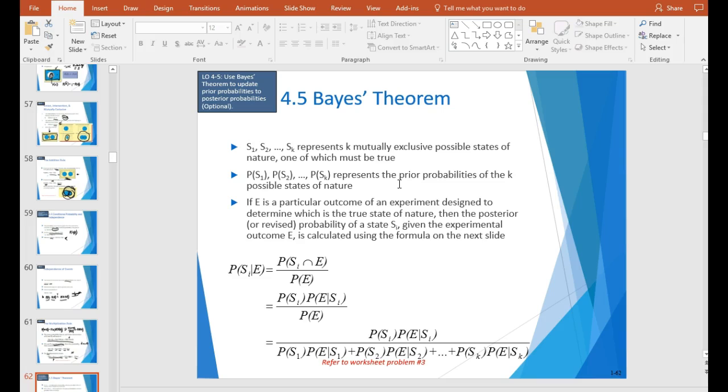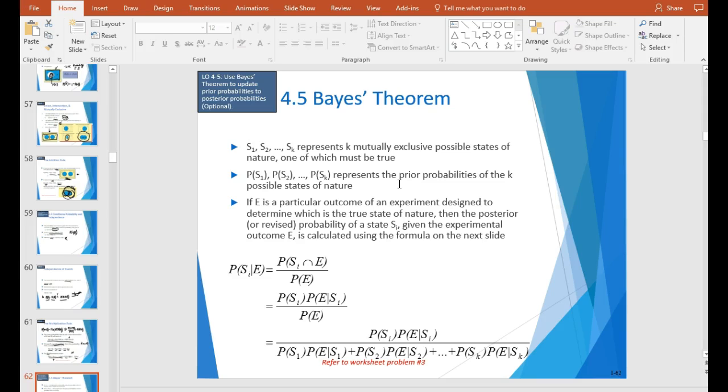Anytime you see a problem that resembles Bayes' theorem, I want you to use a contingency table to solve the problem, because I think you'll save yourself a world of headache. I'll read this off, and we can get into it.